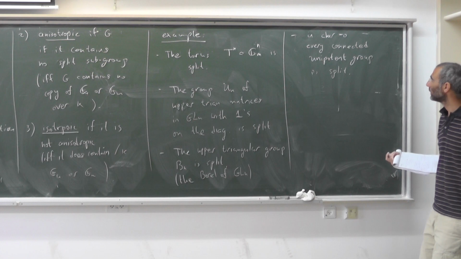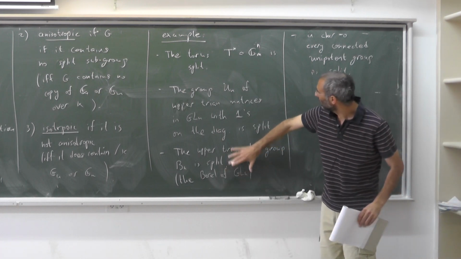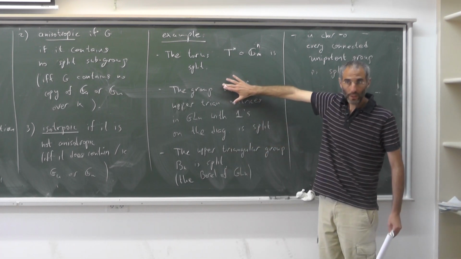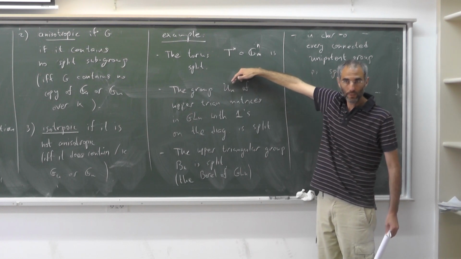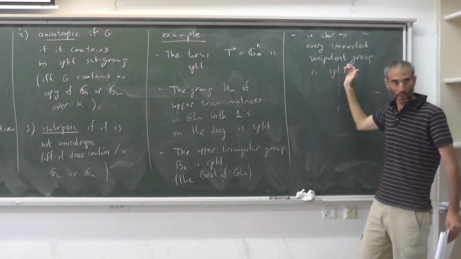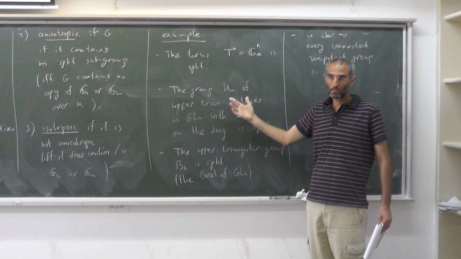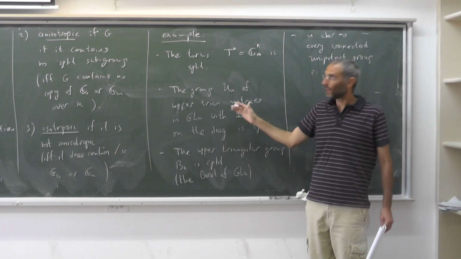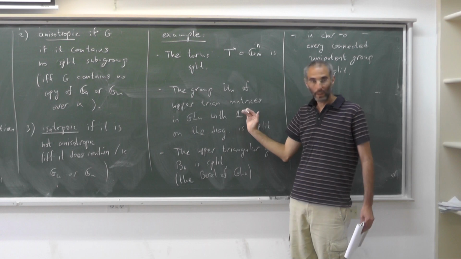So if I have a connected unipotent group, I can put it inside Un, say, and then I can use the decomposition series of Un itself, and I can prove by induction that it is split. Each subquotient will be contained in the subquotients of this one, which are one-dimensional.